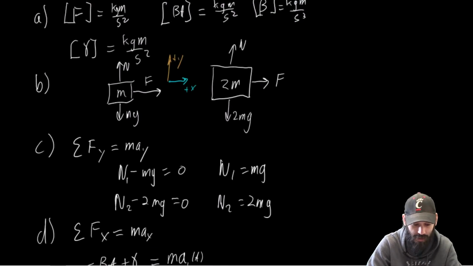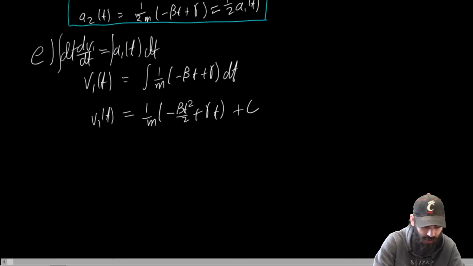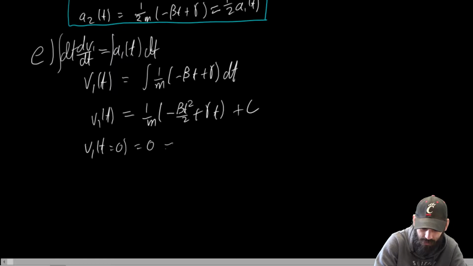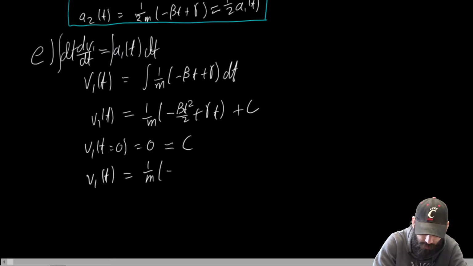These both start from rest. And so that says that v1 of 0 is equal to 0, which says that c is equal to 0. And so v1 of t is going to be equal to 1 over m times minus beta t squared over 2 plus gamma times t.